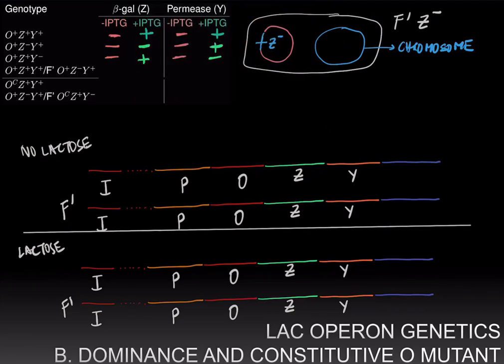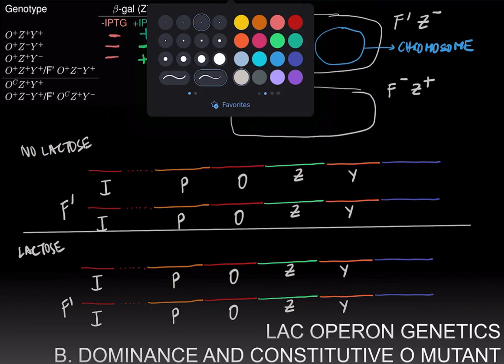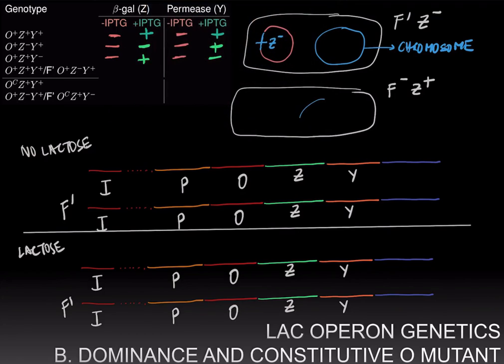And now let's mate this F prime cell with an F minus cell that is Z plus, which means that this F minus cell has its chromosome, and on that chromosome it has the wild type allele of the Lac Z gene.